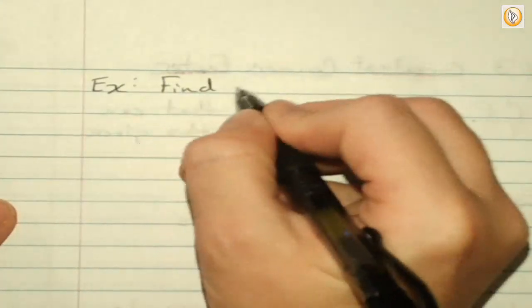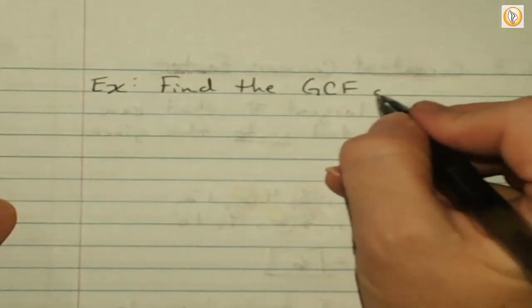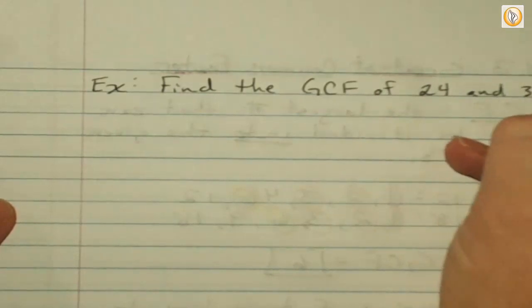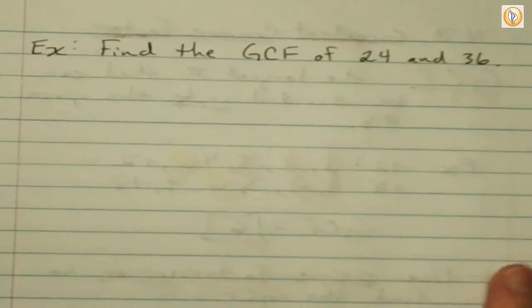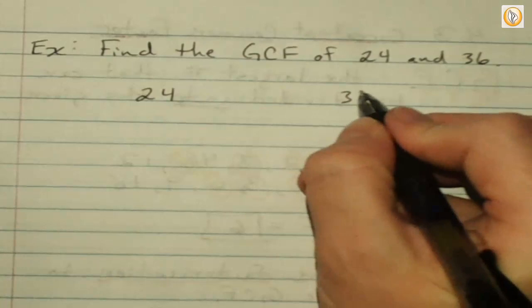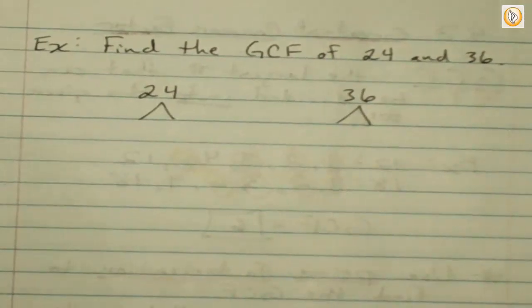Example. Find the GCF of 24 and 36. All right, we're going to do it the right way. Step 1 is do a factor tree of both. So write that down.